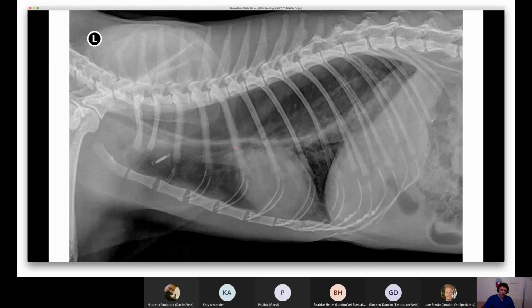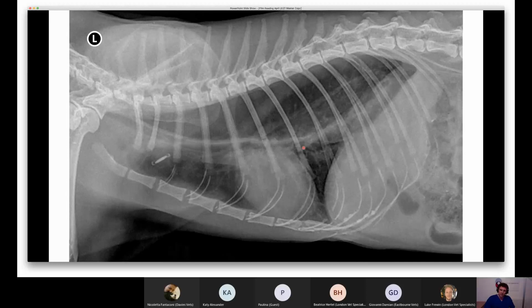And not only that, but associated with this linear opacity, we've got some displacement of the trachea and the cardiac silhouette. And this linear opacity is in fact a tracheal stripe sign, which is something that we would typically see in a patient that has an enlarged esophagus, a particularly large esophagus that's filled with gas, so a megaesophagus.